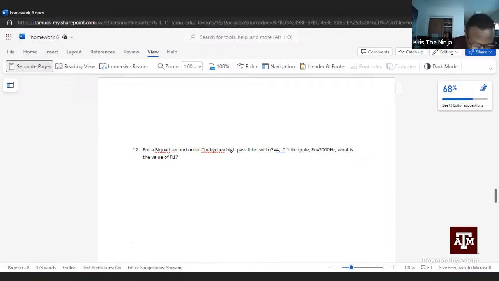Okay, so for a biquad second order Chebyshev high pass filter with a gain of 4 and 0.1 decibel of ripple, FC is 2000. What is the value of R1?